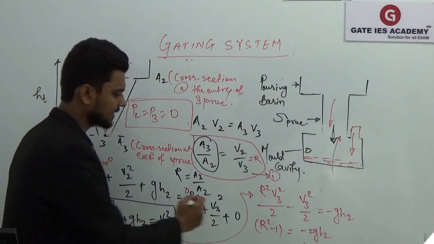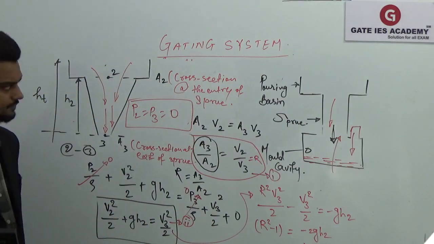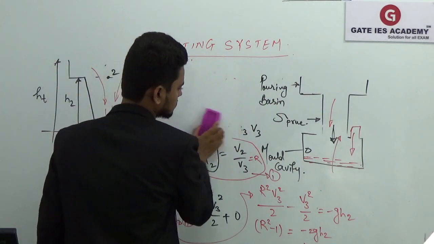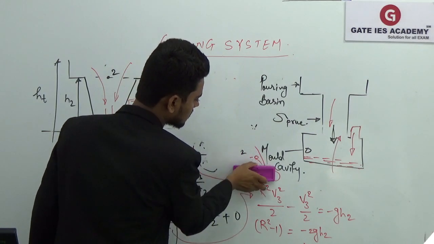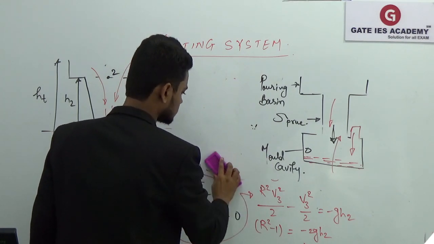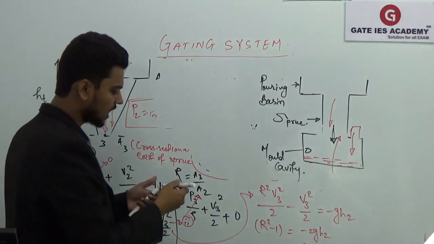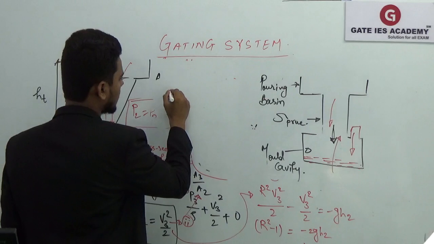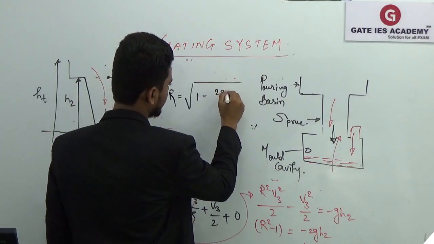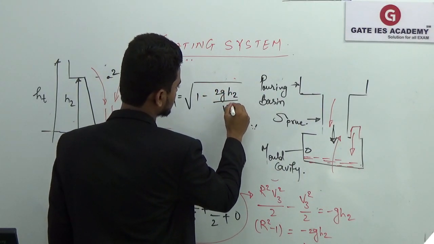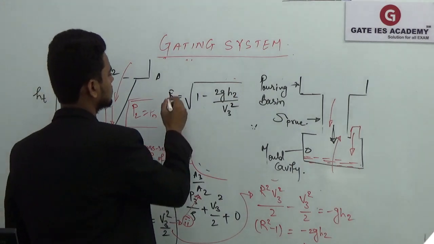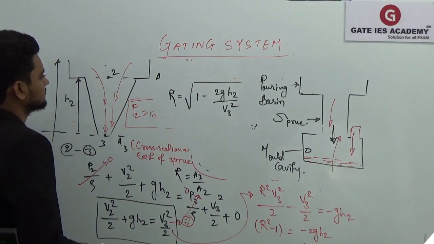Or directly I can write R equals square root of 1 minus 2g h2 upon v3 square.